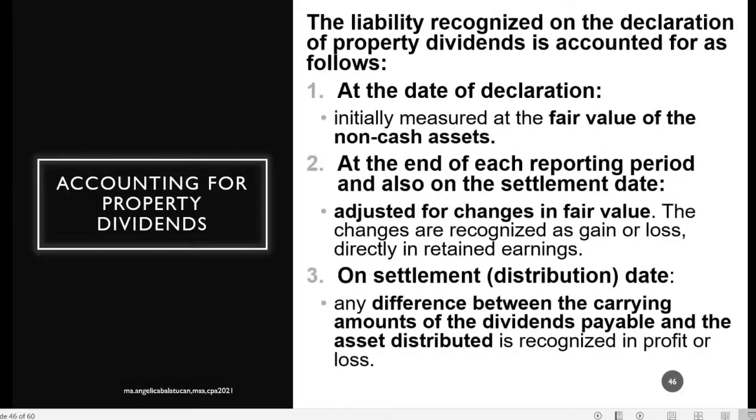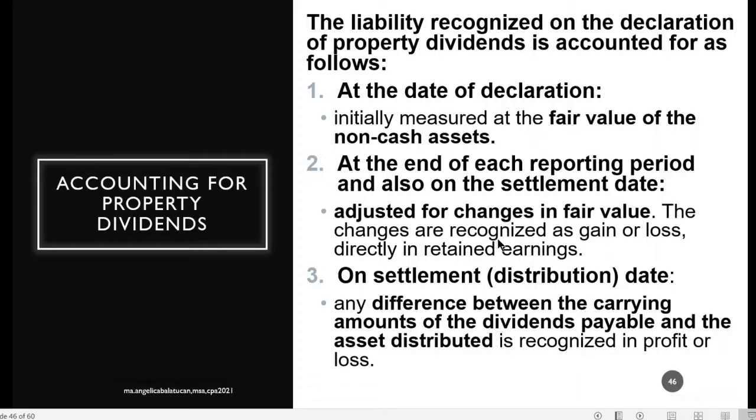For property dividends, the liability will be recognized and accounted for as follows. So at the date of declaration, you will initially measure the property dividends at fair value of the non-cash asset. Then at the end of each reporting period and also on the settlement date, you need to adjust for any changes in the fair value.